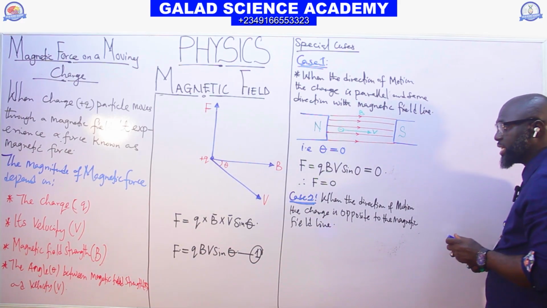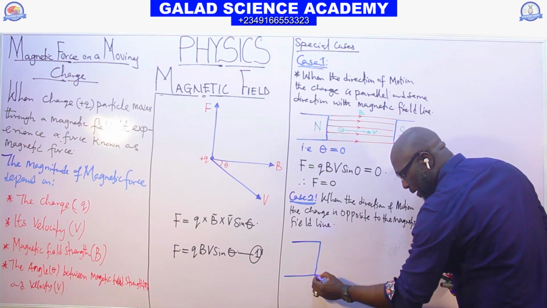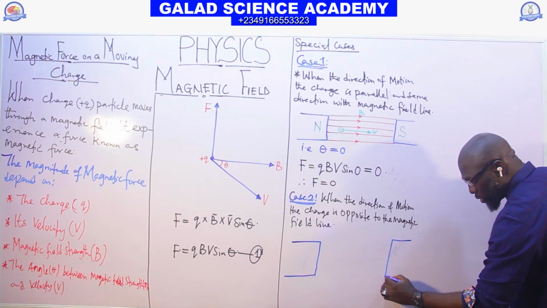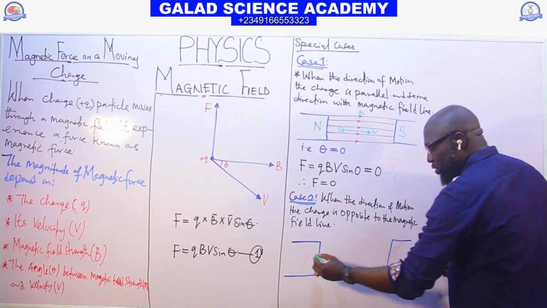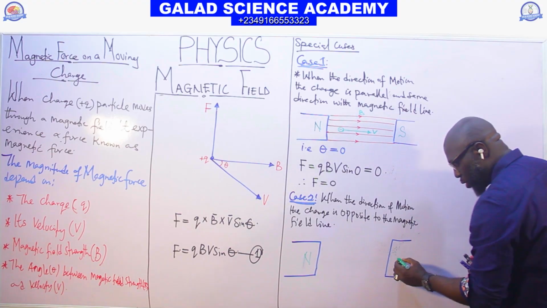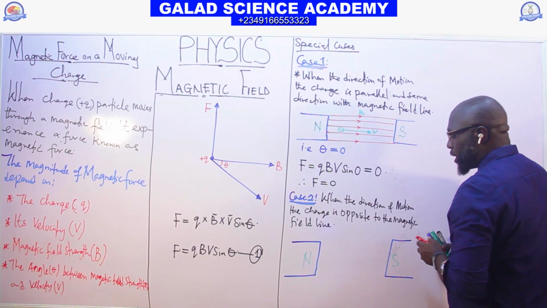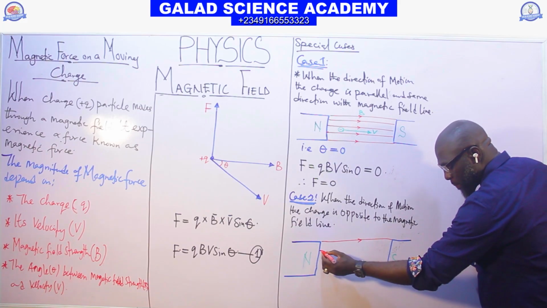Look at this second case here. This is our magnetic bar. Here we have the north pole and the south pole. And this is our magnetic field line.